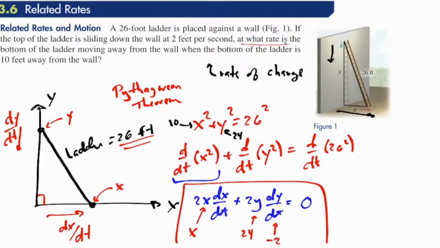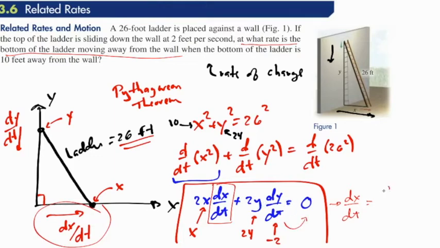The problem says, at what rate is the bottom of the ladder moving away from the wall? Well, that's what the dx dt is describing. So we want to isolate the dx dt. We see that 2 times 24 times negative 2 is negative 96. But when we move it to the other side, that's a positive 96.